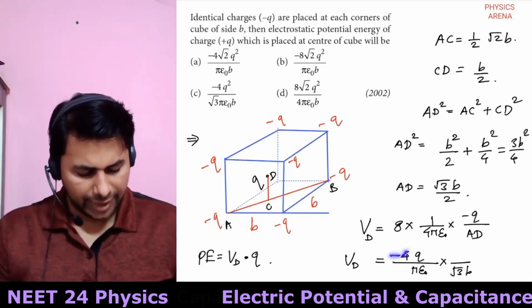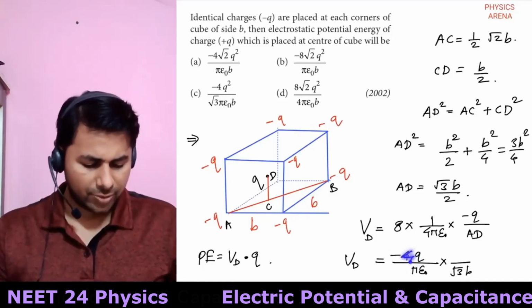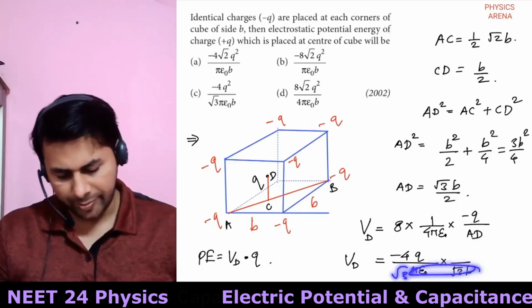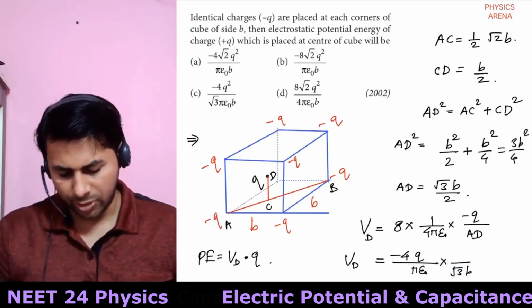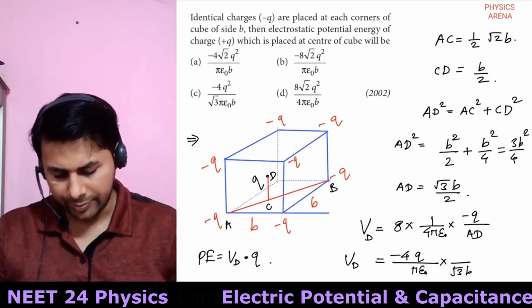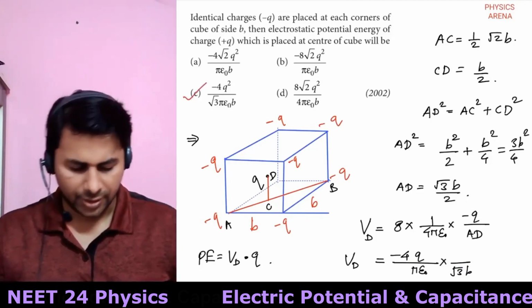So it will be minus 4q square upon root 3 pi epsilon naught b. That would be the answer. Option C.